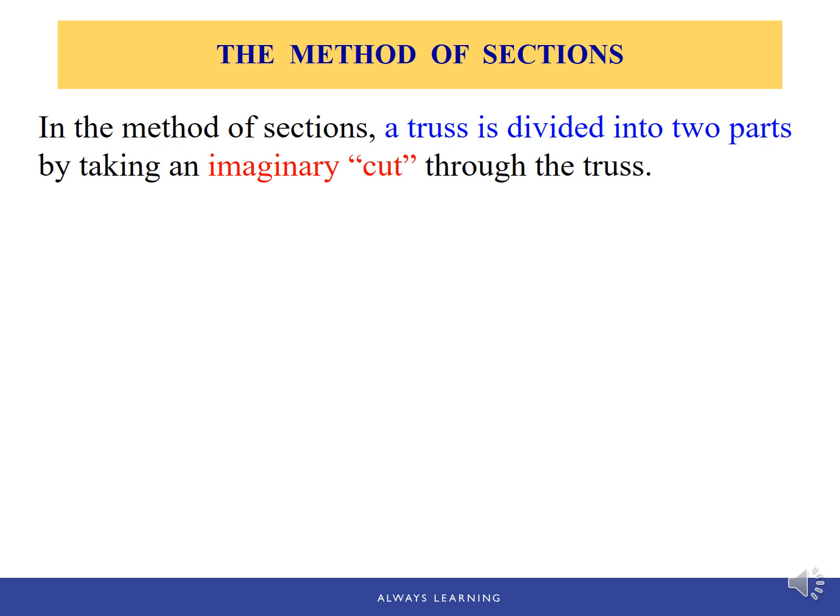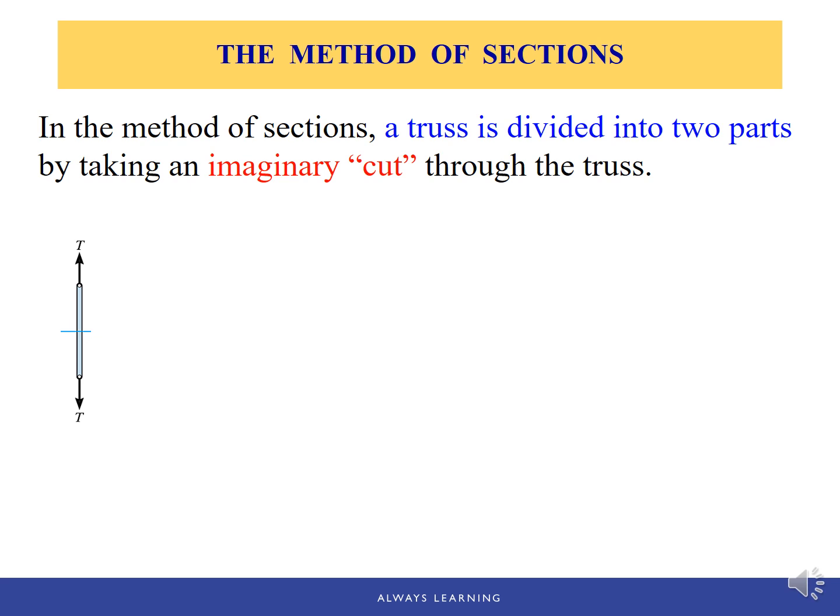By doing that, we're going to expose each internal force as external to the free body diagram. For example, if you have a truss member, which is a two-force member, and the force this member is subjected to, tension, is pulling it apart. Now we're looking for the force developed within this truss member.